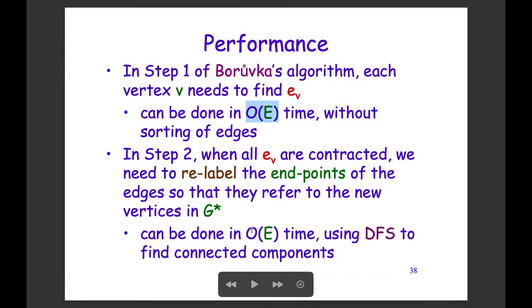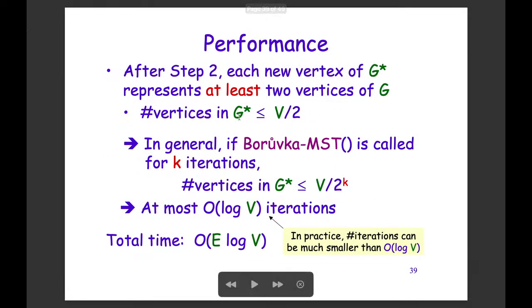So it takes order E time to find out the connected components and then make it into a new graph G star, okay? So this is what I have just mentioned. The number of vertices will drop by half at least. So it means that the Borůvka algorithm can only run in log V rounds, because after that you will just have one vertex left.